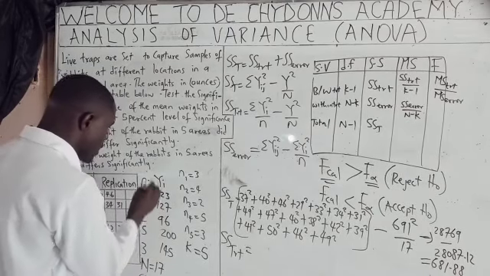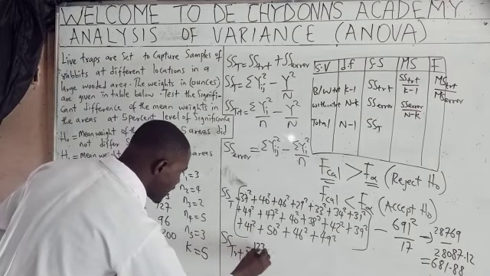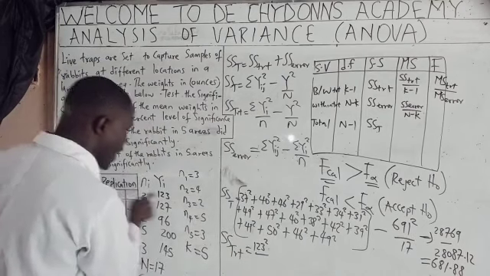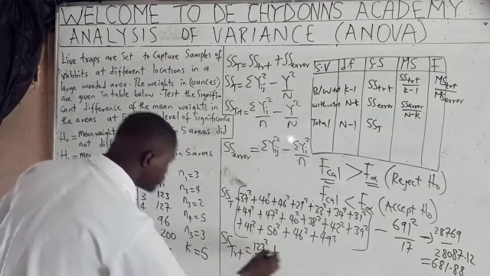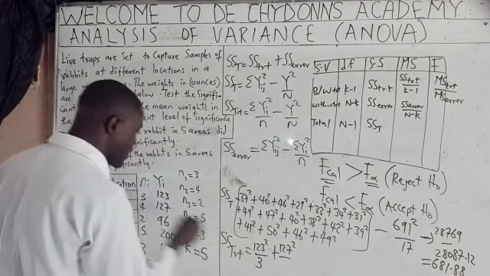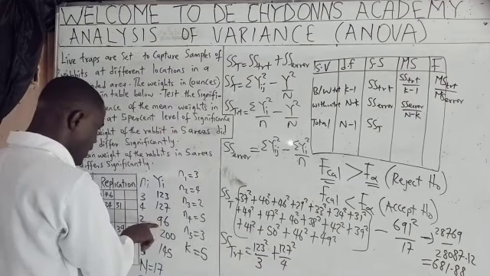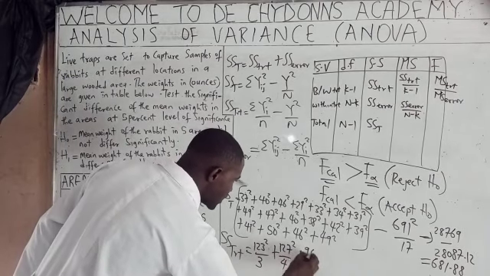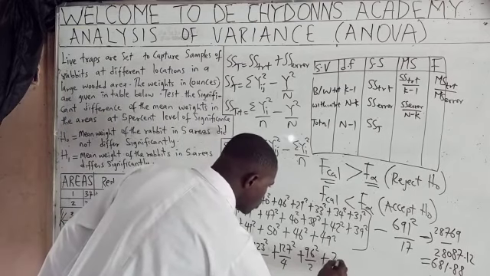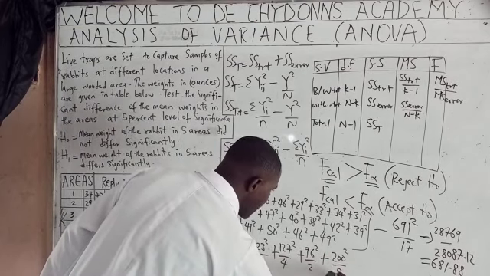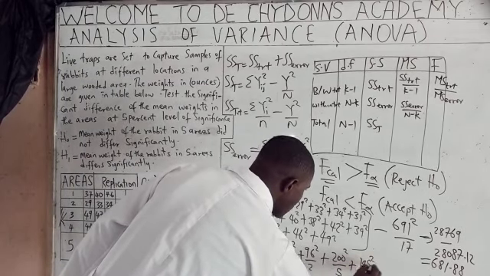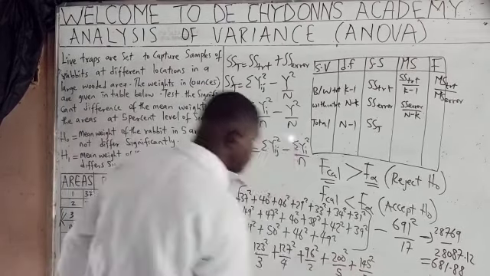I will now say 123 squared all over 3, plus the second one, 127 squared all over 4, then the next one, 96 squared all over 2, plus 200 squared all over 5, plus 145 squared all over 3.